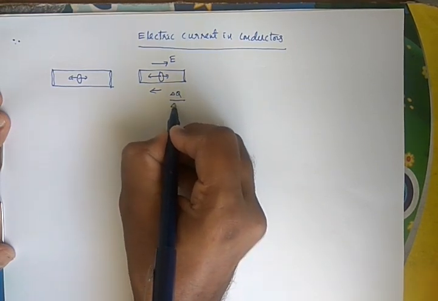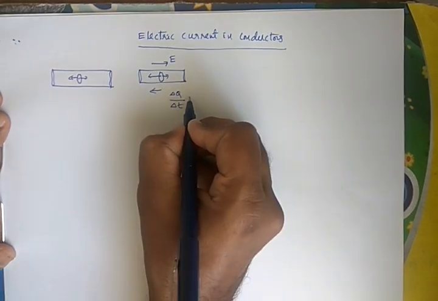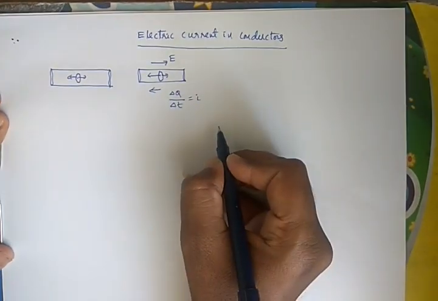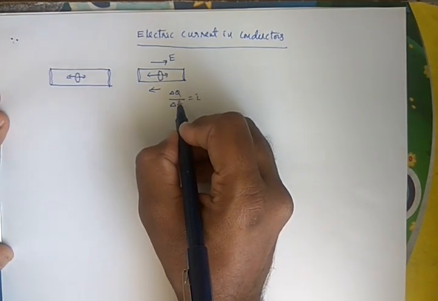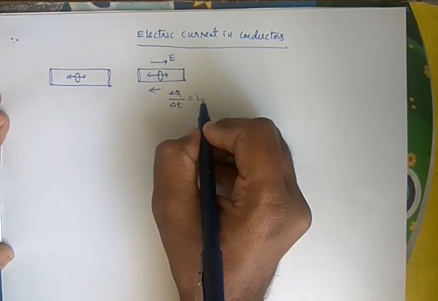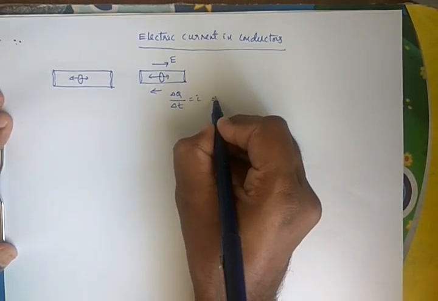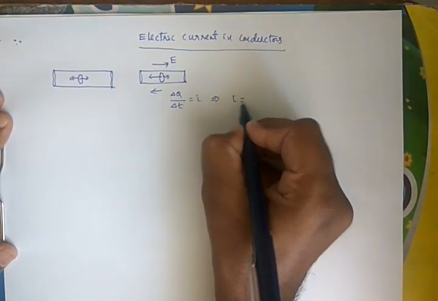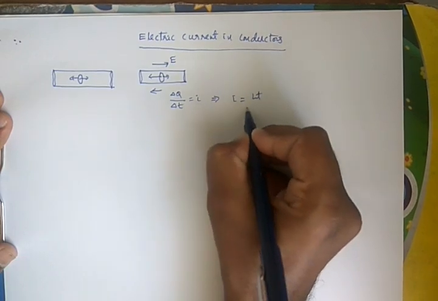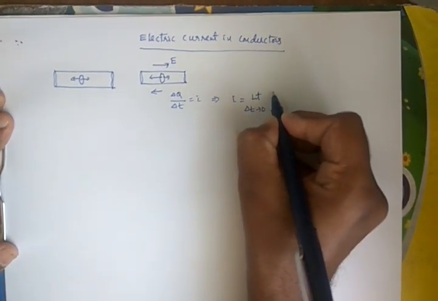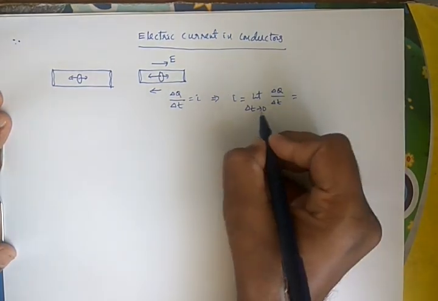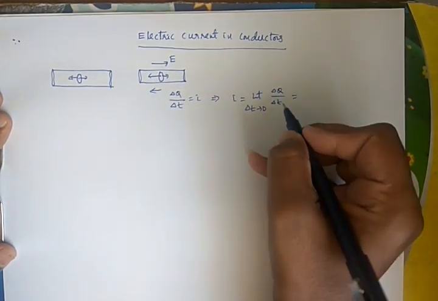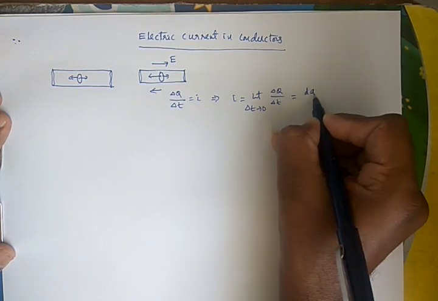So delta Q over delta T is I, that's current. To define instantaneous current, I can write the limit as delta t tends to 0 of delta Q by delta T, which can be written as dq by dt.